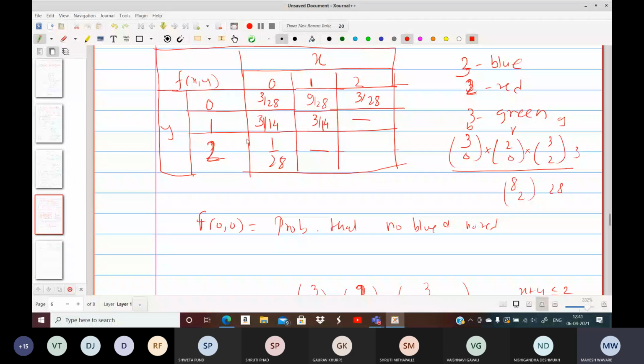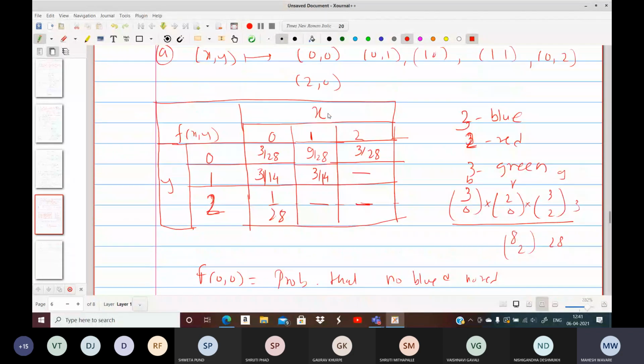I will do the row sum. Row totals: 9 plus 3 plus this is 15 by 28. This is 6 by 14, which is 3 by 7, and it is 1 upon 28. You can check this total is always 1.